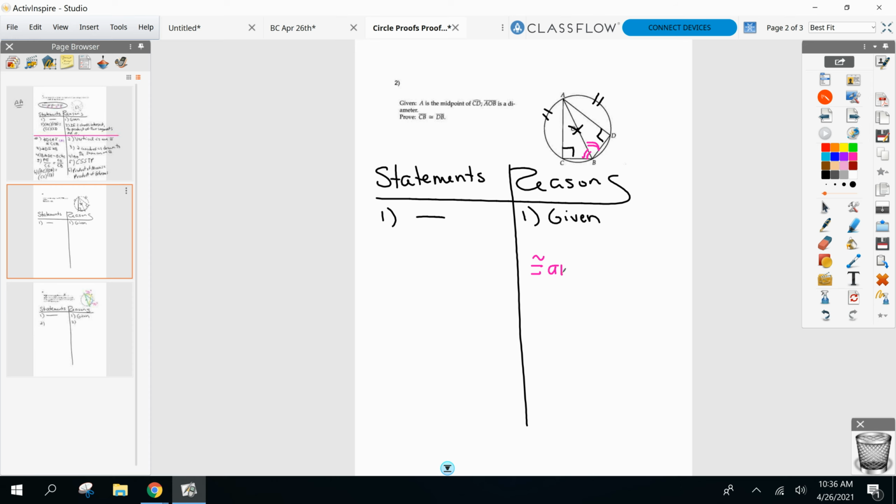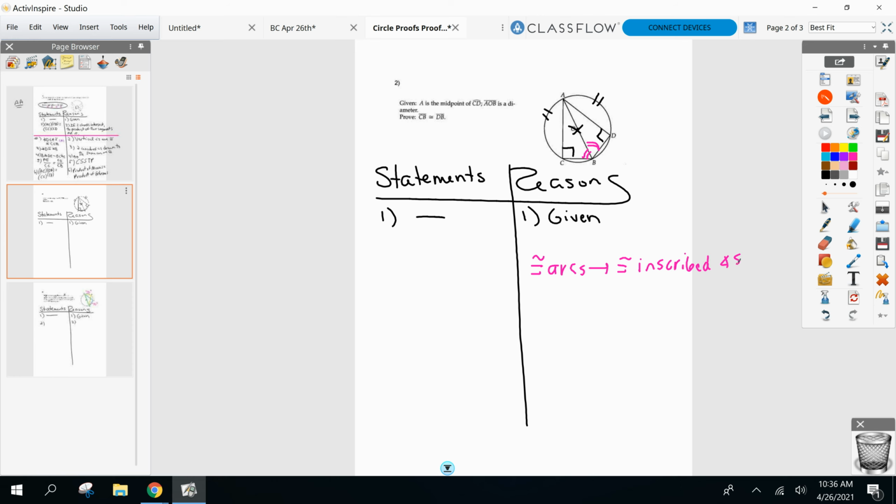Congruent arcs imply congruent. What type of angles did I just mark? What type of angles are those? Inscribed. So congruent arcs imply congruent inscribed angles. And now you have angle, angle, side instead of HL.